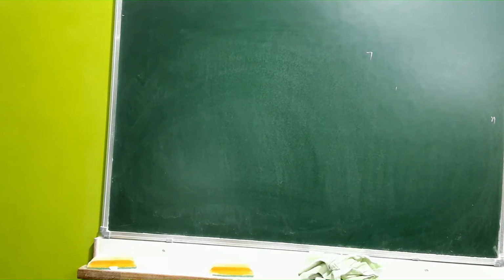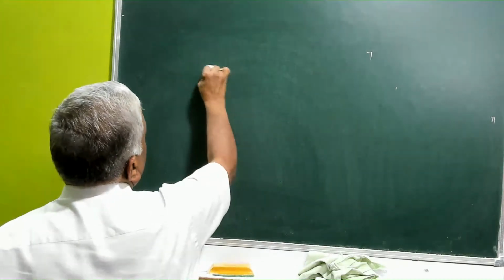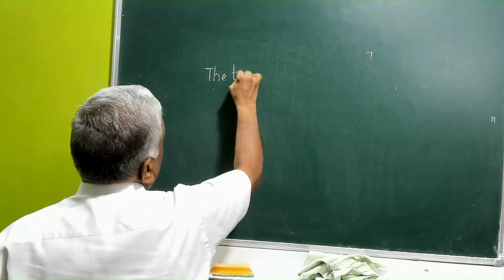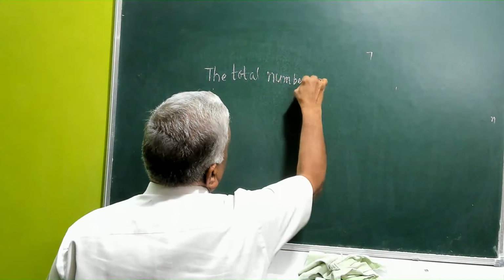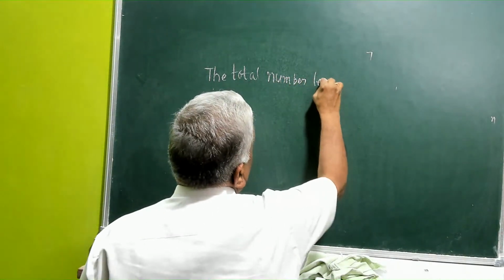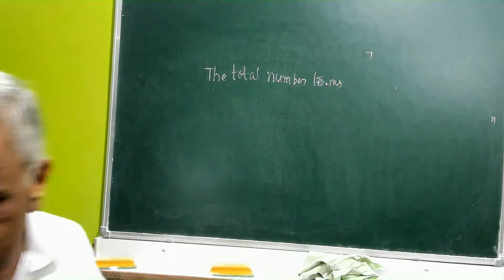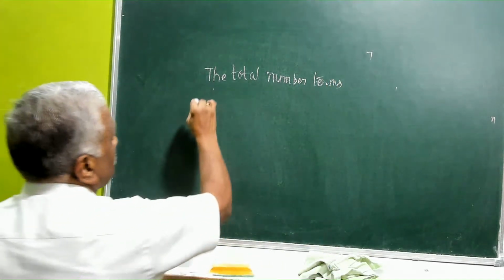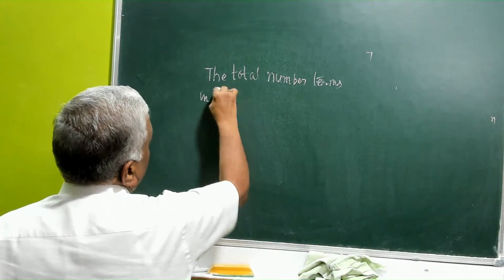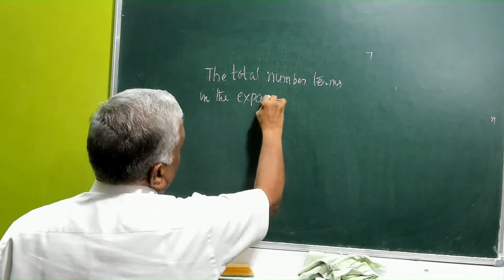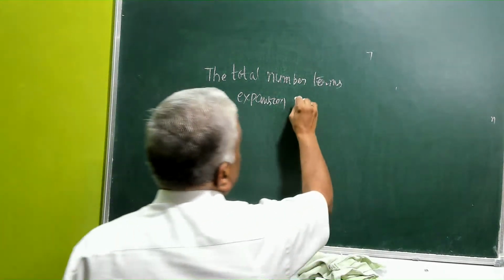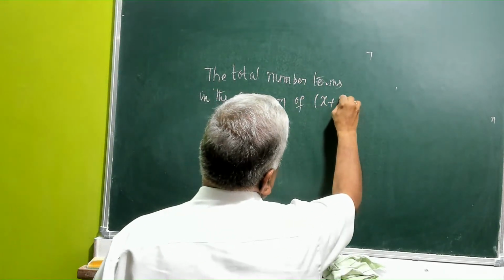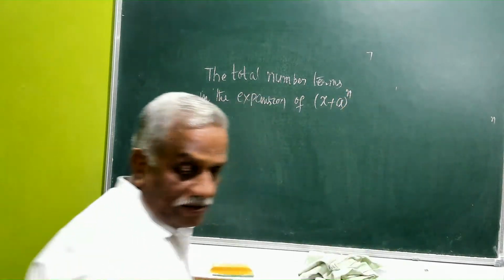The question asked in one of the CET examinations was the total number of terms in the expansion of (x plus a) to the power of n.